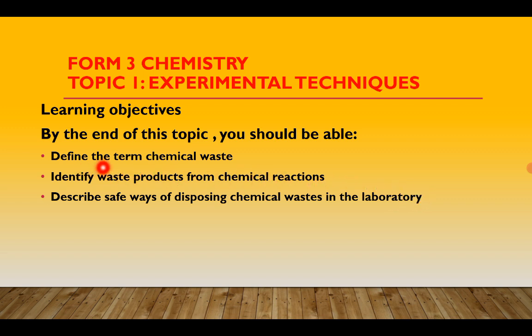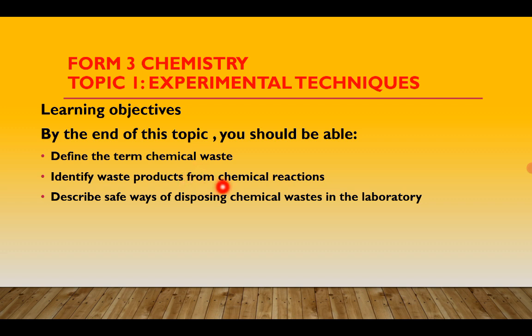Apart from defining chemical waste and identifying waste products from a chemical reaction, you are going to describe safe ways of disposing chemical wastes in the lab. As wastes are being generated, you need to find suitable ways of disposing them. Chemicals are not the only wastes that you can find in the lab. You can also find broken glassware, such as broken beakers, broken test tubes, broken measuring cylinders, and others.